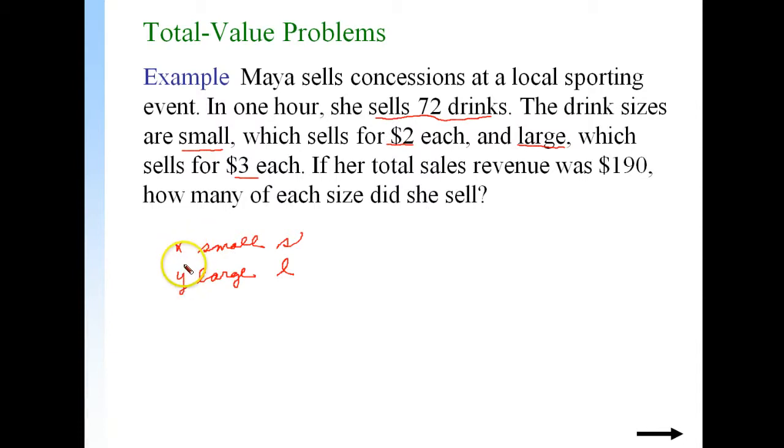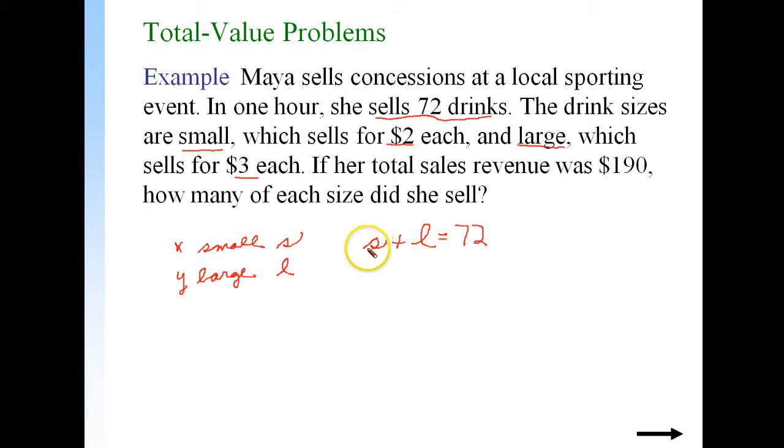Okay, now do we know how many small? Nope. Do we know how many large? No. But we know together the small plus the large will equal 72. Does that make sense? That was the total number of drinks, and there's two types.